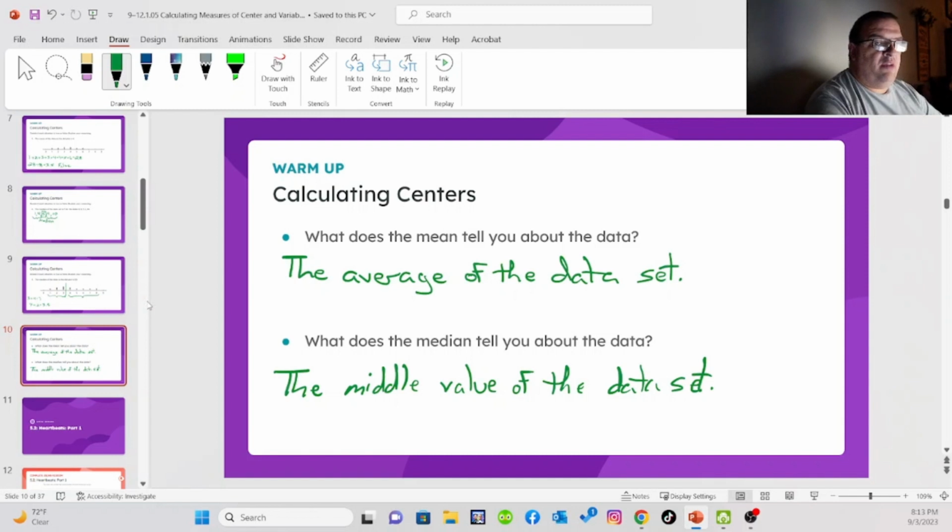So the great thing about a median is that it does not get affected by very large values or very low values. Outliers don't affect the median. Okay? The median just divides our data exactly in half.